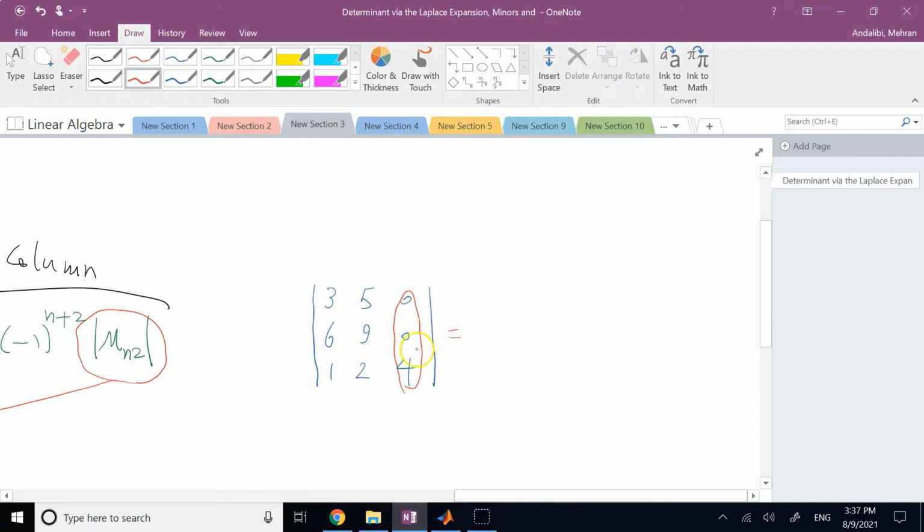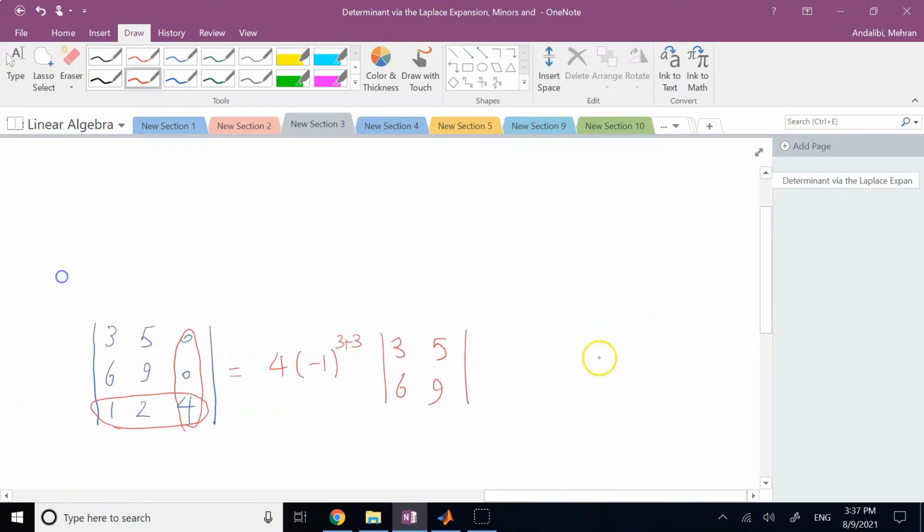It's going to go away. So all I need here is 4 times (-1) to the sum of the row and column location, 3 and 3, times the determinant of the matrix that has row 3 and column 3 eliminated. So that's 3, 5, 6, and 9, and this is going to be 27 minus 30, the product of the diagonal minus the anti-diagonal, so that's -3.